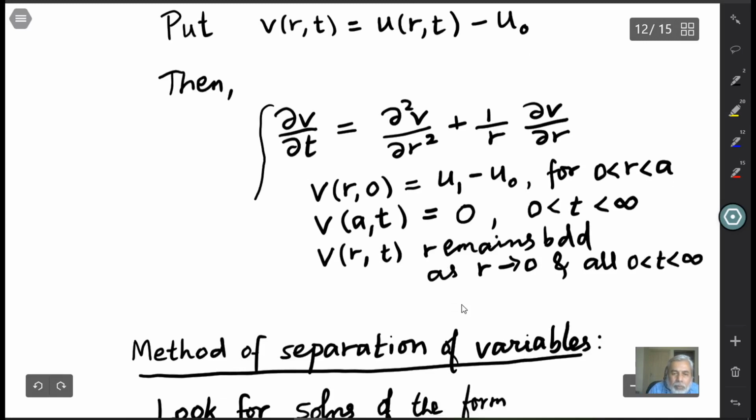We are going to obtain the solution in an explicit form.